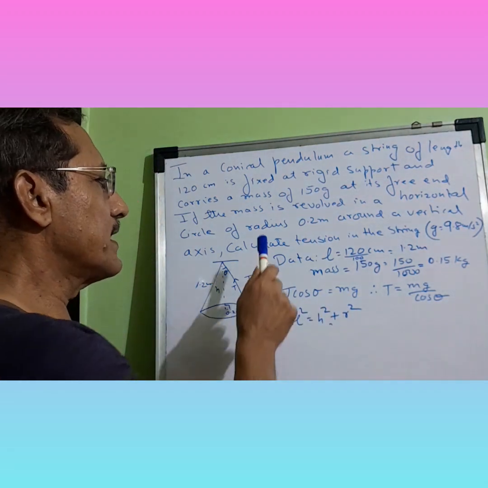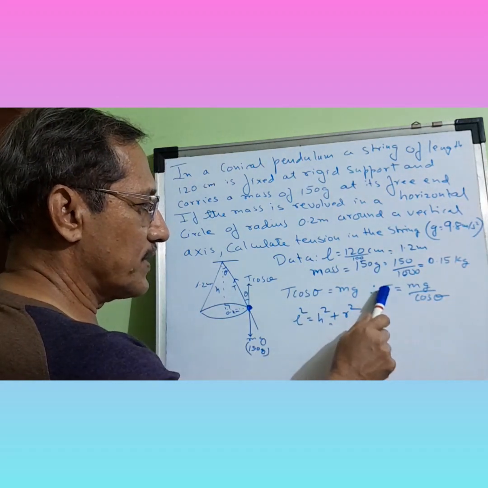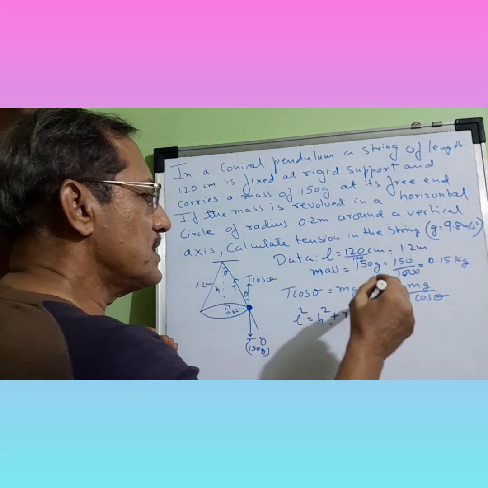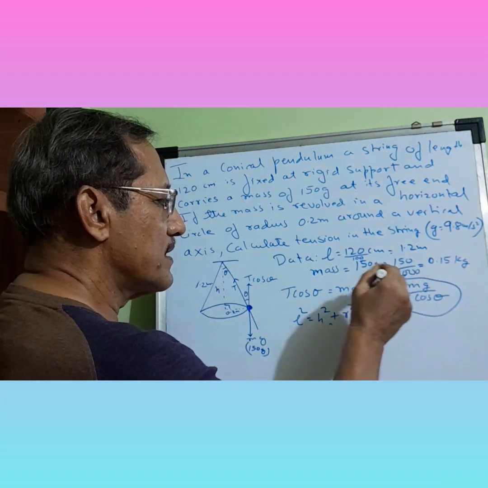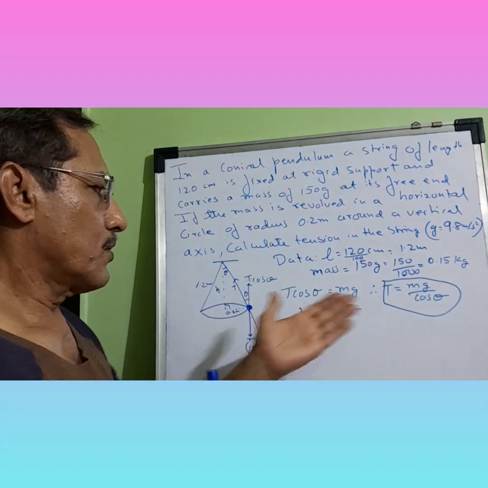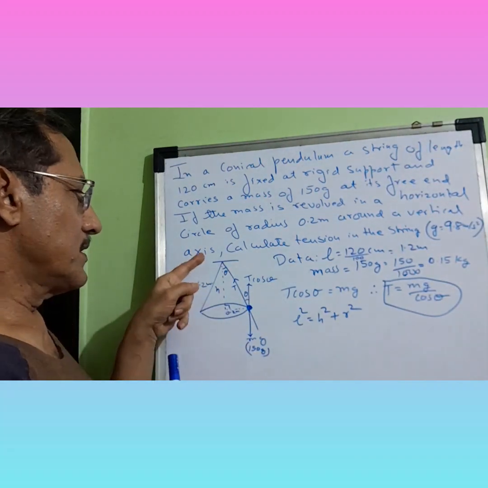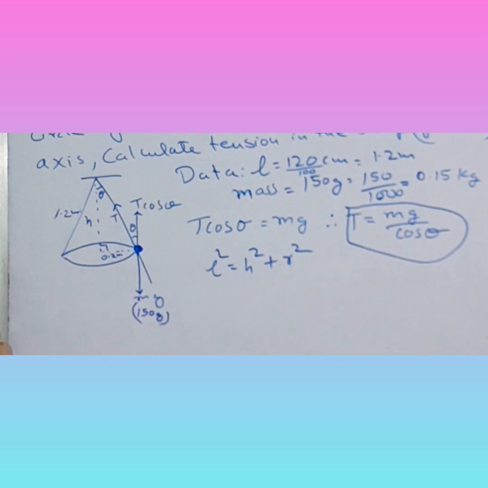We intend to find tension, so we take cos theta in the denominator, and we get this formula: T is equal to mg upon cos theta. Now, what is cos theta? If we check out the triangle, this is a right angle triangle.